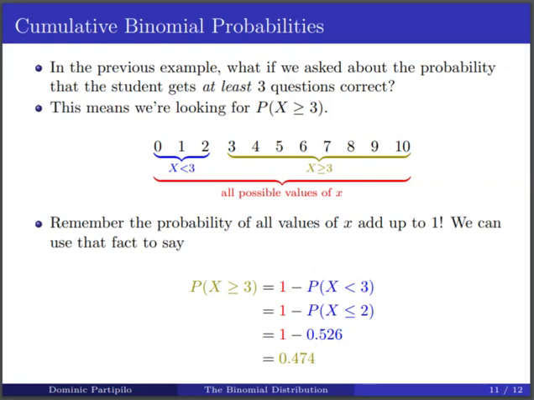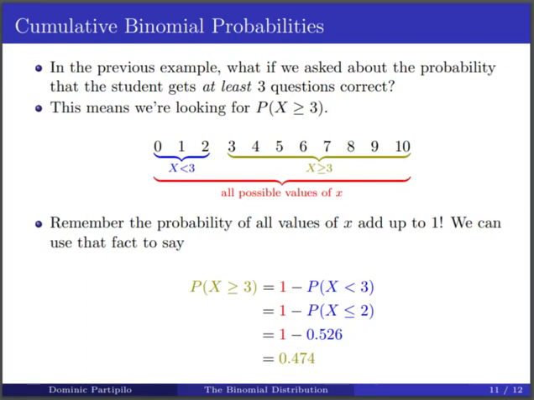So what we can do is take 1, which is this red piece, and subtract off this blue piece, which is the probability that x is less than 3. Or in other words, the probability that x is less than or equal to 2. And that's something we know how to look up on the table.